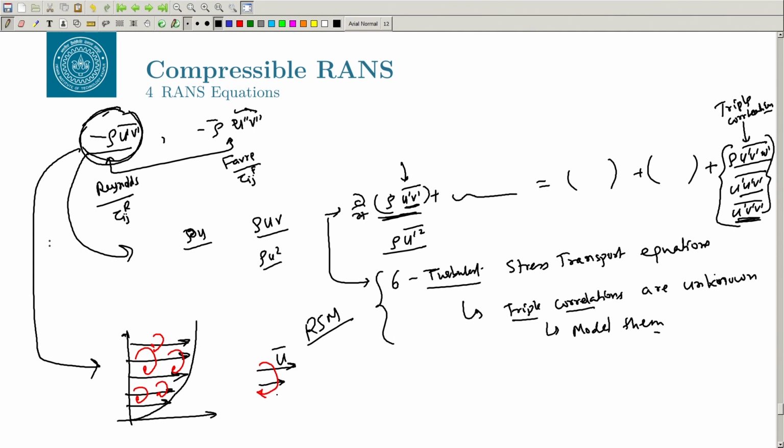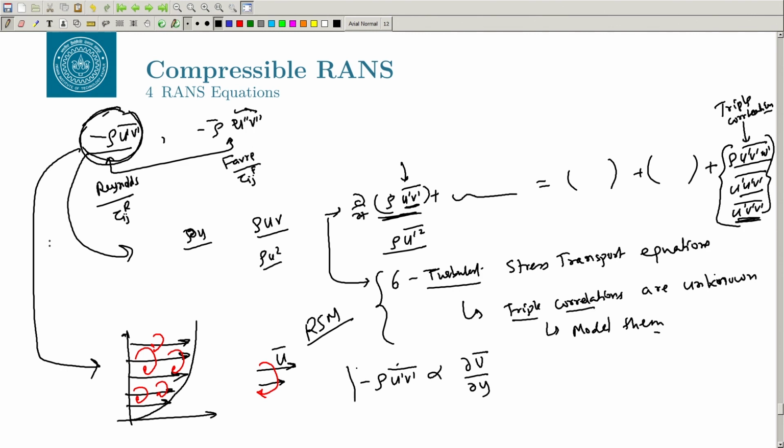Considering that picture, we can say that my Reynolds stress or the Favre stress is also related to the mean flow gradient. So, I will say that my rho u prime v prime bar is also proportional to the mean flow gradient, which in this case is del u bar by del y.